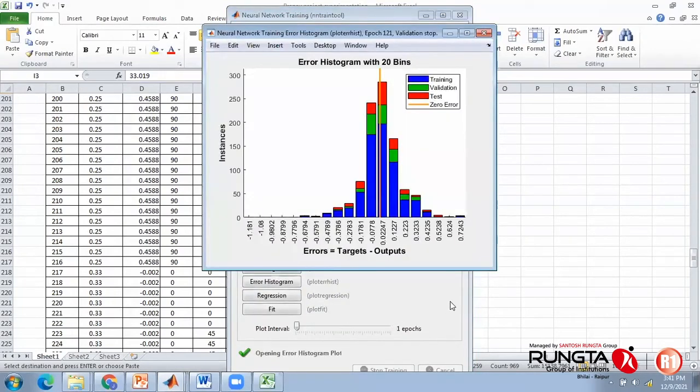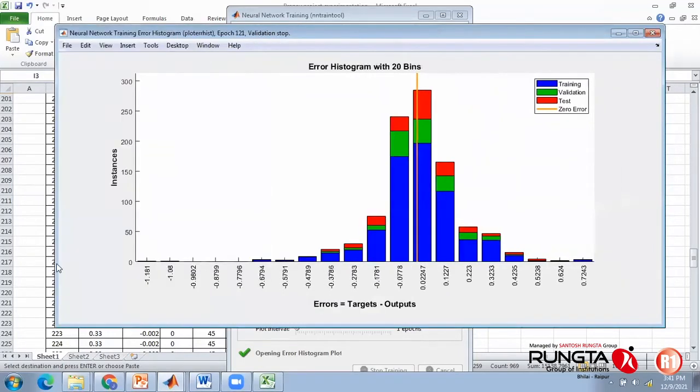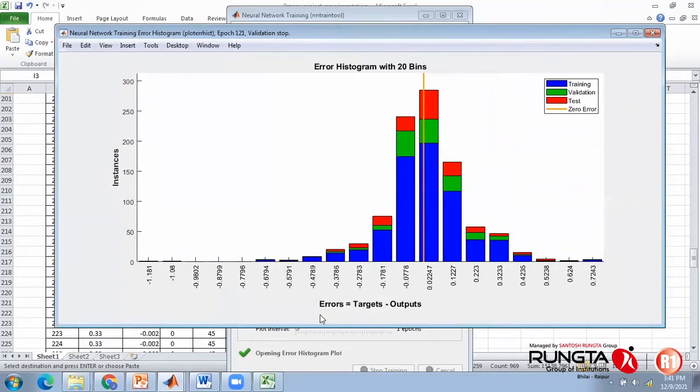Let me check the error histogram. This is okay, with a little bit of a problem on this side. So it is 0.07 and minus 1.18, sorry, between 0.72 and 0.72. Then it may be a normal distribution curve. That means during experimentation, there are a few outliers. But it is okay that the error and overall MSE are on a lower side.